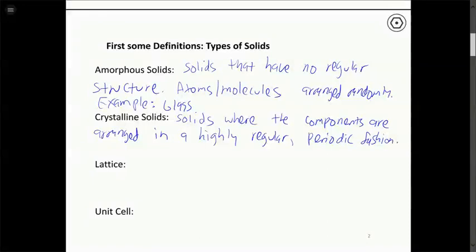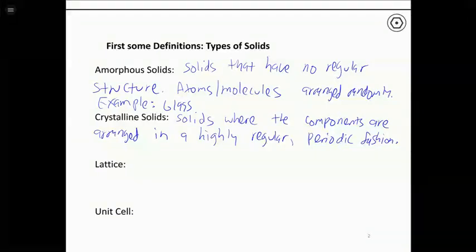We're going to talk in detail about crystalline structures starting next time. We're not going to see a lot of the details of these today, but what this means is that all the atoms and molecules are in a very regular ordered array.